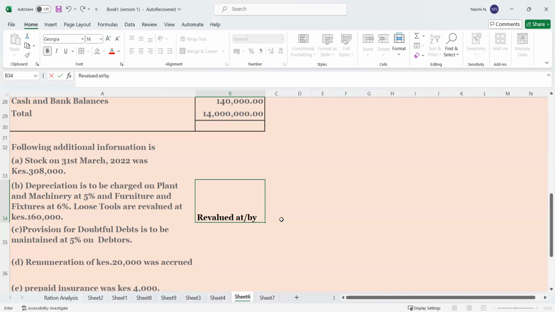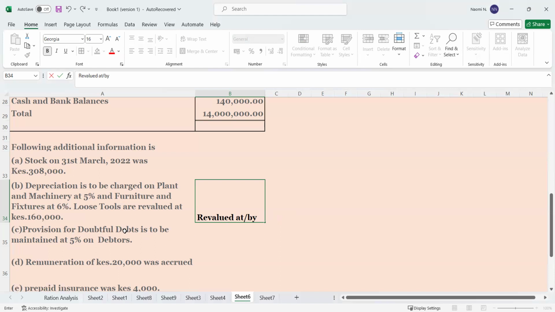And when you are told the item is to be revalued to, the implication is that there is an increment to that figure, so there is an adjustment when you are calculating your PPE in the balance sheet.